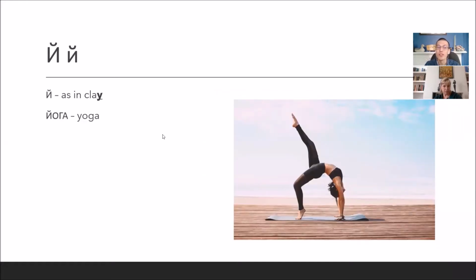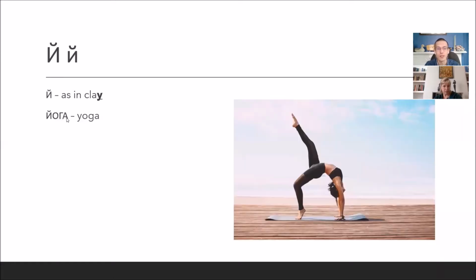The next one looks very similar to A, but it's actually a consonant. It makes the sound Y, for example, as in clay. And you can use the word Y, A, yoga, which means yoga.